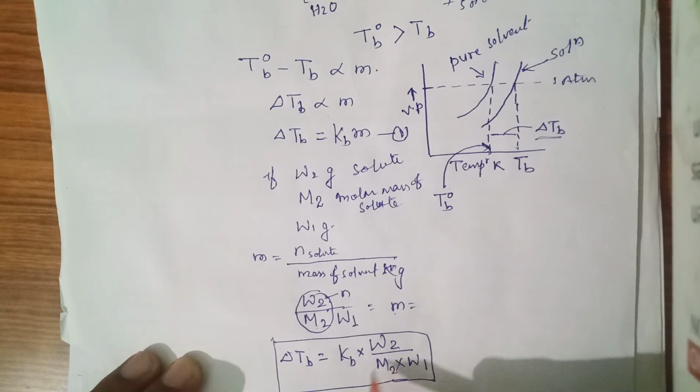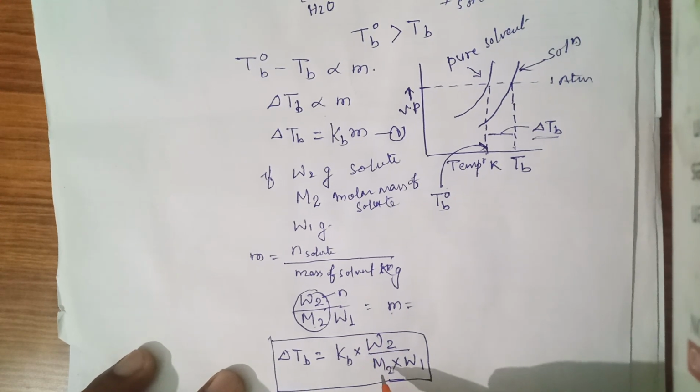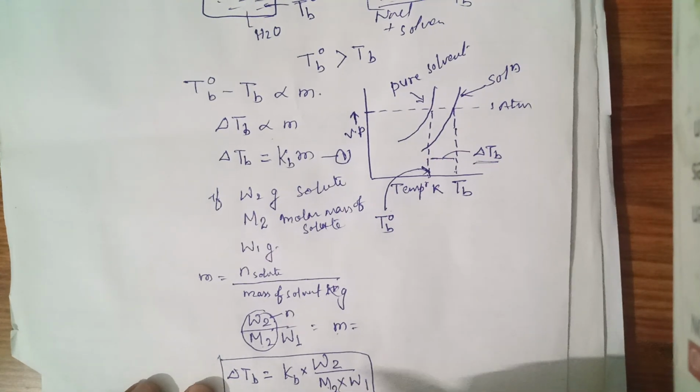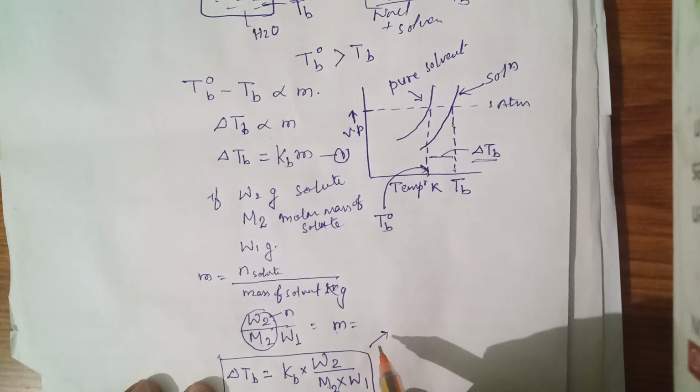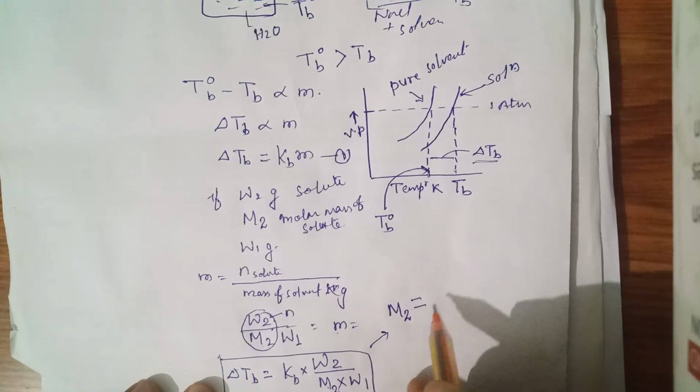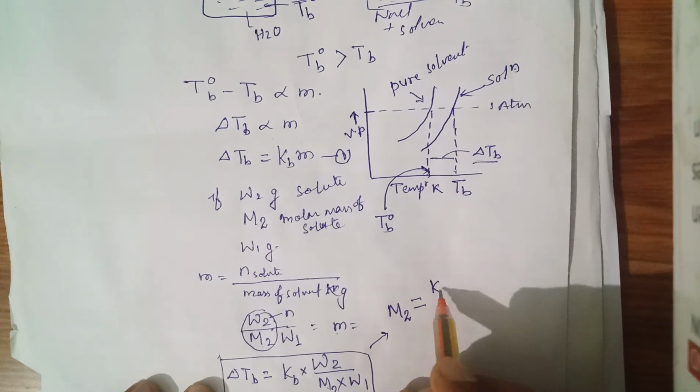From this equation, if you are asked to calculate the molar mass of the solute, you can find it, and M2 will be equal to Kb into W2 upon W1 into delta Tb.